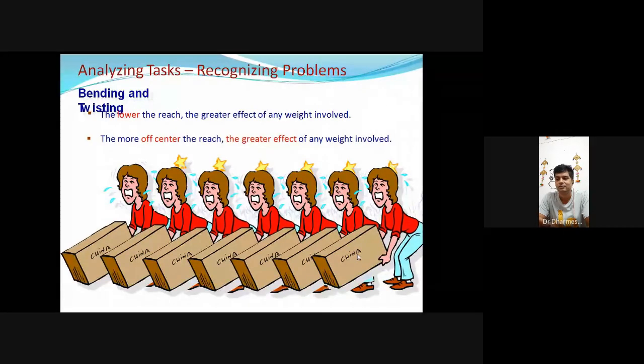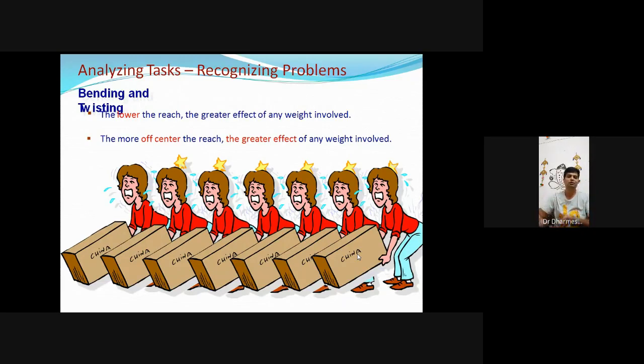This differs with the shape of the object. If we are lifting a logwood from the ground, lifting a logwood by a single person is not possible, so definitely two-person assistance is required. One person stands on one side and another person on the other side.